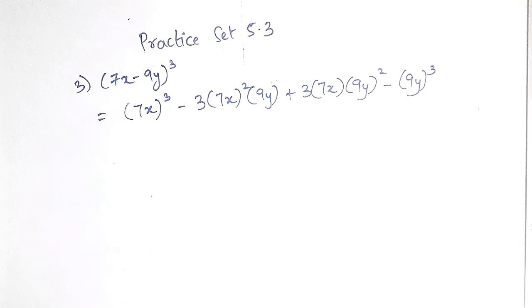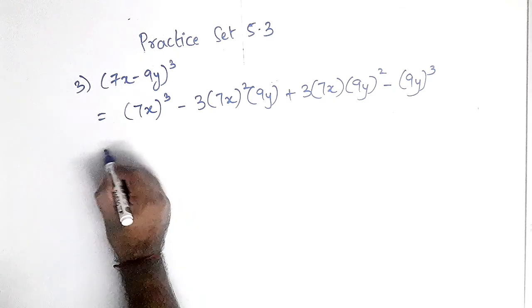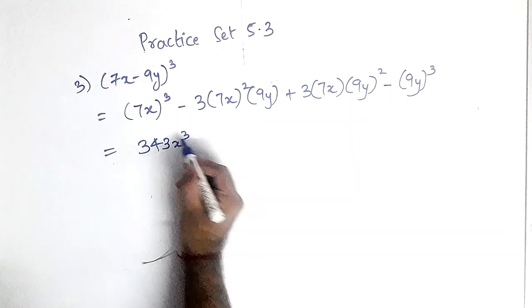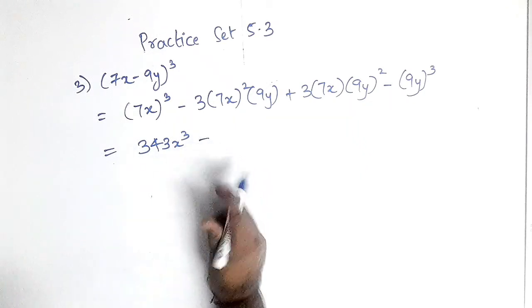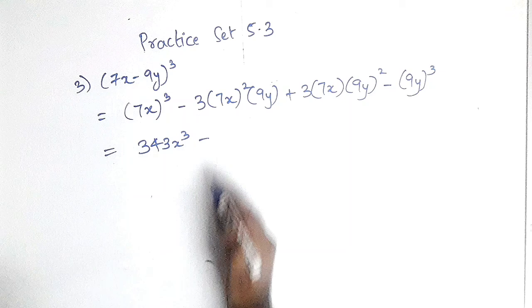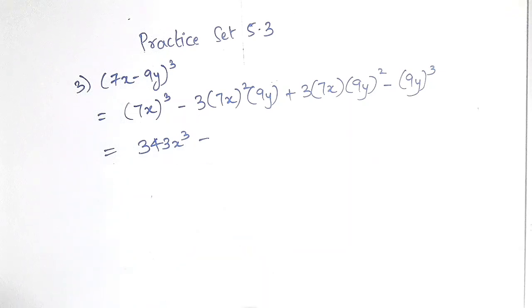Then 7 cube becomes 343 x cube, minus this will be 7 square, 49, 49 3s is 147.